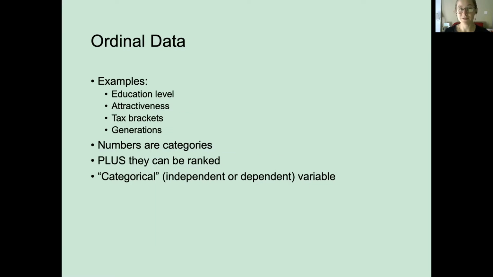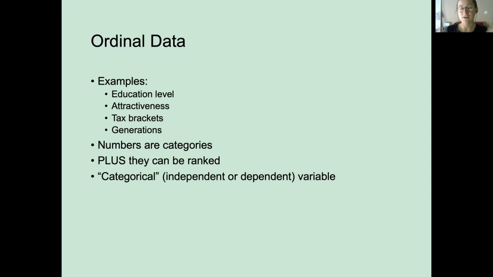We have other variables that you can rank. So they have categories that can be put into names like bachelor's degree or PhD, but you can rank those. A PhD is a higher level of education than a master's degree, which is higher than a bachelor's degree, which is higher than an associate's, which is higher than a high school diploma or a GED equivalent. So education level is one of those variables where we can have words that are categories.